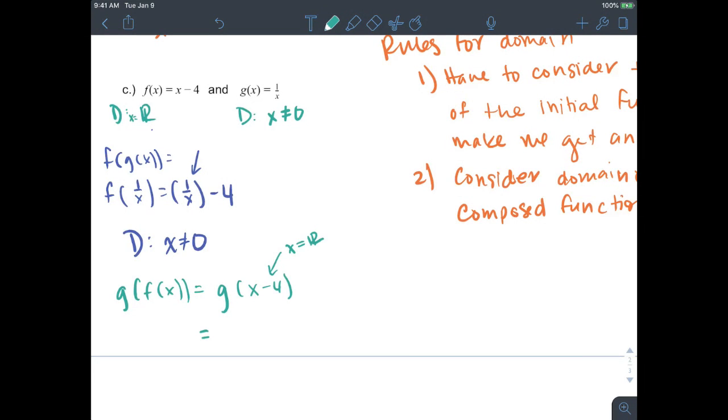So then I get 1 over x minus 4. Are there any domain restrictions here? Yes, I see x cannot equal 4. So I know that the domain of f doesn't mess me up at all, but the composed function does, so I have to add that restriction in. So I get only this.